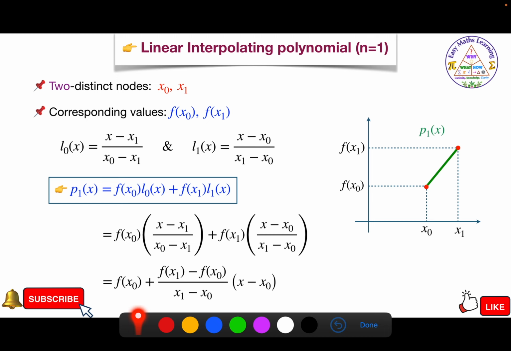Graphically, this polynomial P1(x) is simply the straight line joining two points (x0, f(x0)) and (x1, f(x1)), with slope (f(x1) minus f(x0)) divided by (x1 minus x0).